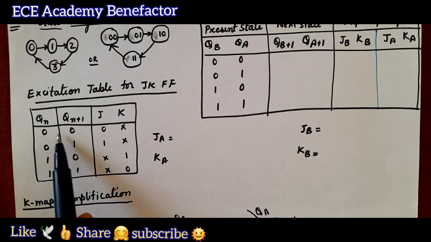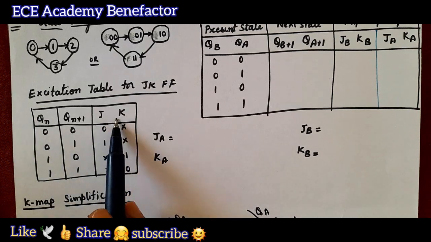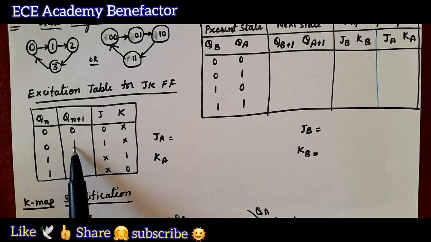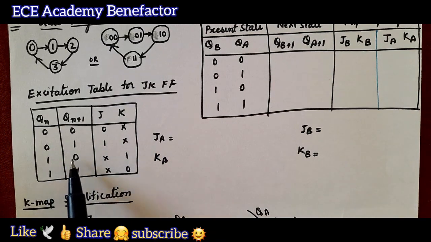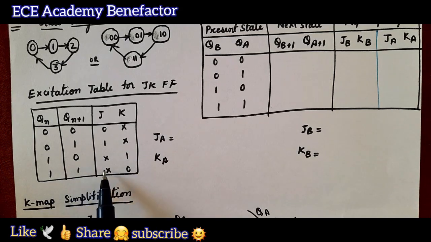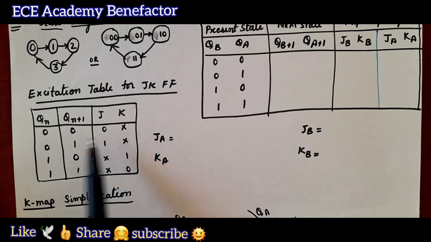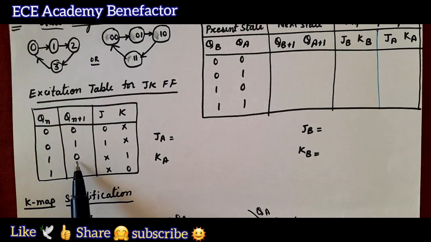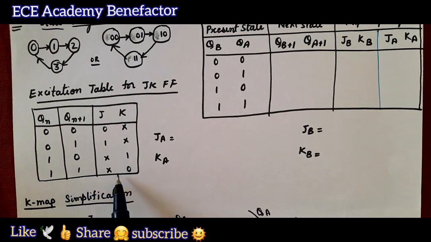When the condition is 0 0, the JK inputs are 0x. For 0 1, it is 1x. For 1 0, it is x1. For 1 1, it is x0. So it is easy to remember: for 0 0, 0x; 0 1, 1x; 1 0, x1; 1 1, x0.